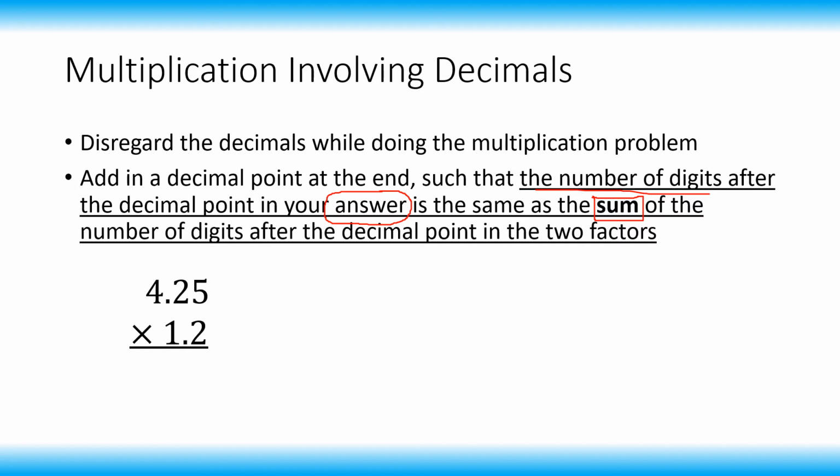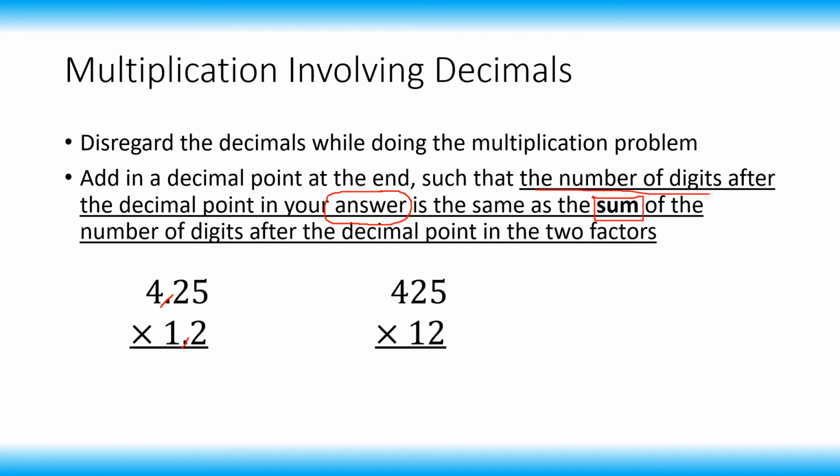So when we work through the multiplication problem, we're actually going to pretend that these decimal points don't exist, and then we're going to throw in the decimal points at the very end. So basically it's going to look like this.